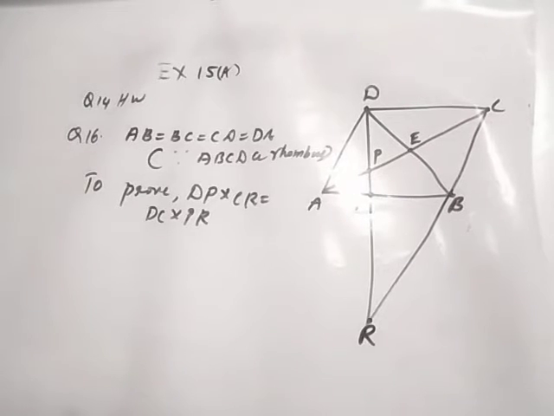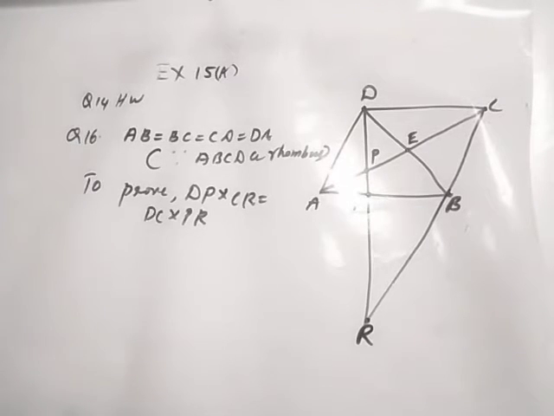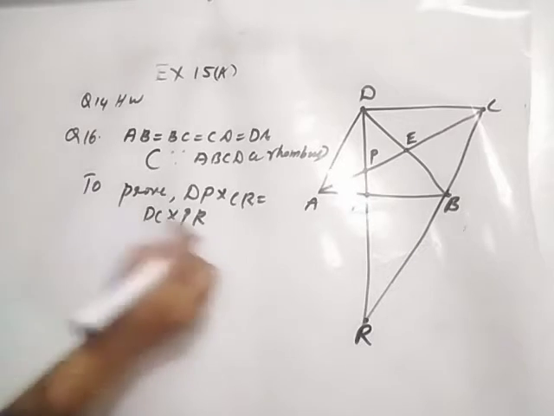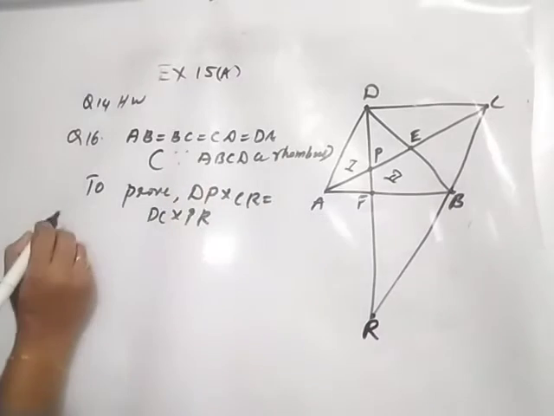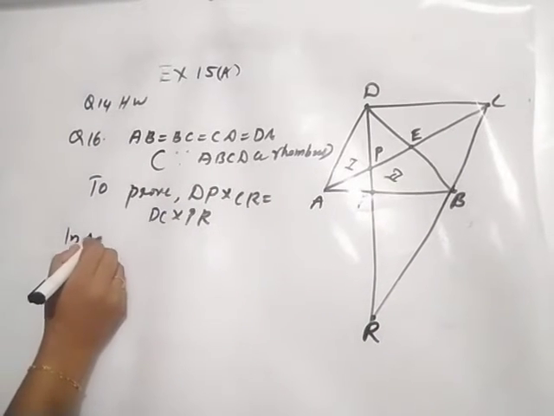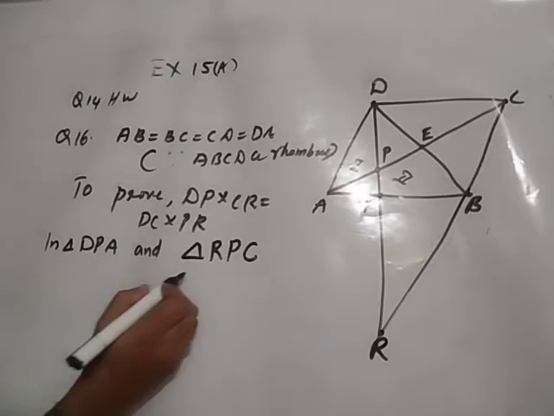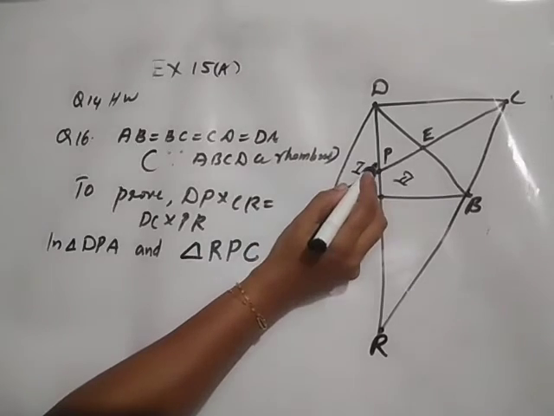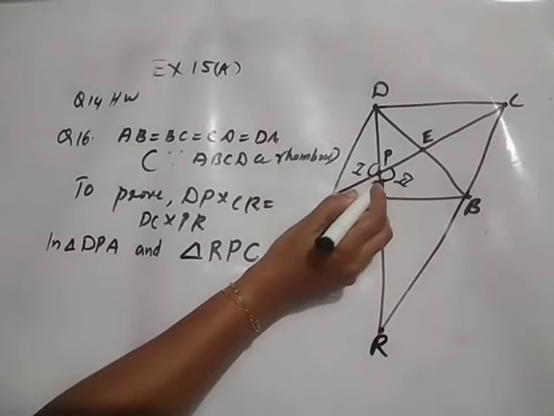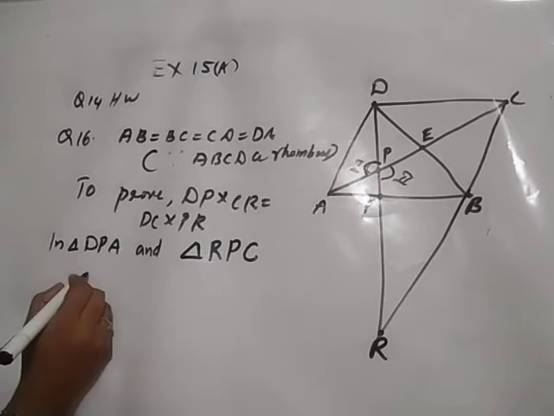Let us consider the triangles DPA and PCR, these two. In triangle DPA and triangle RPC, we know that opposite angles made by intersecting two lines are always equal.